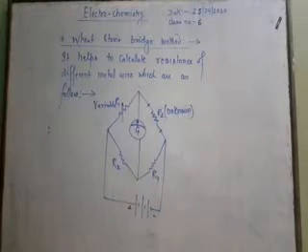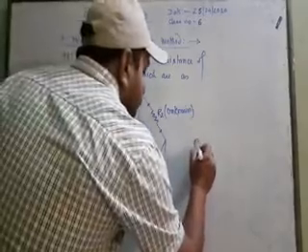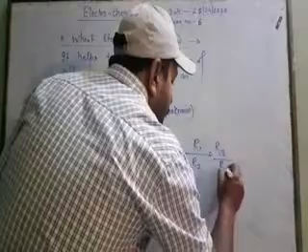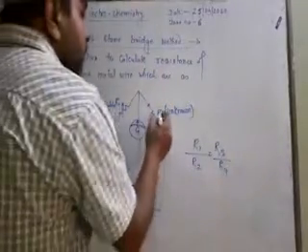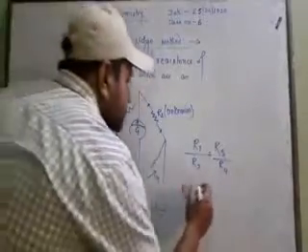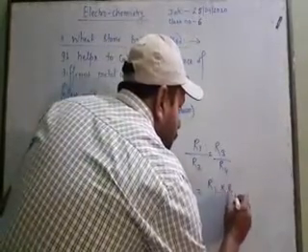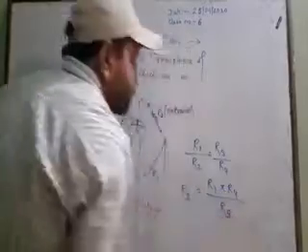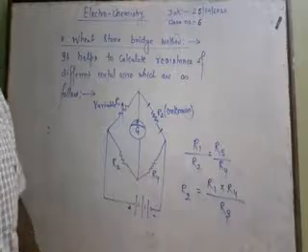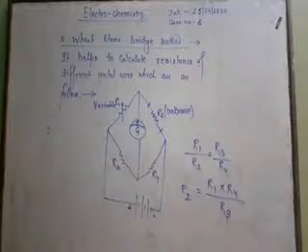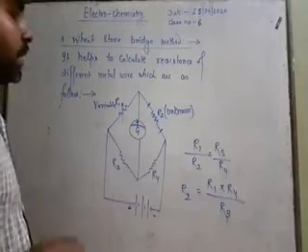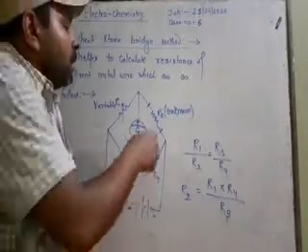We know that R1 by R2 equals R3 by R4, and here R2 is unknown, so R2 equals R1 into R4 by R3, to calculate the unknown resistance.